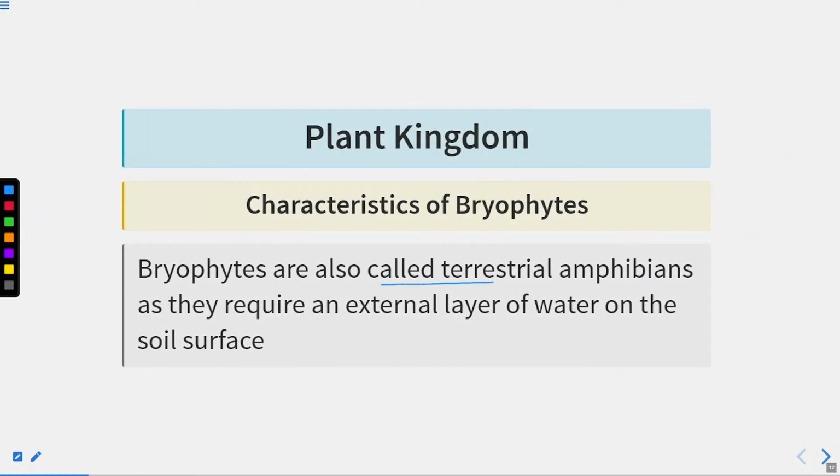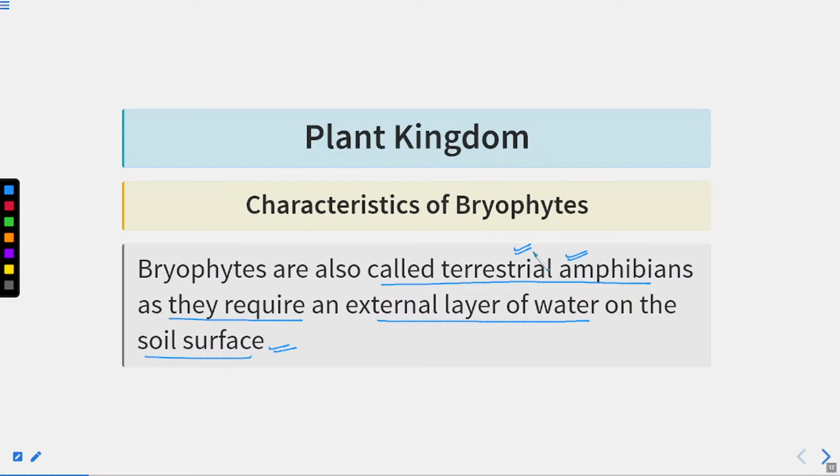Bryophytes are also called terrestrial amphibians, as they require an external layer of water on the soil surface. You know that amphibians are a phylum in the animal kingdom, right? Here some plants also show the same characteristics.